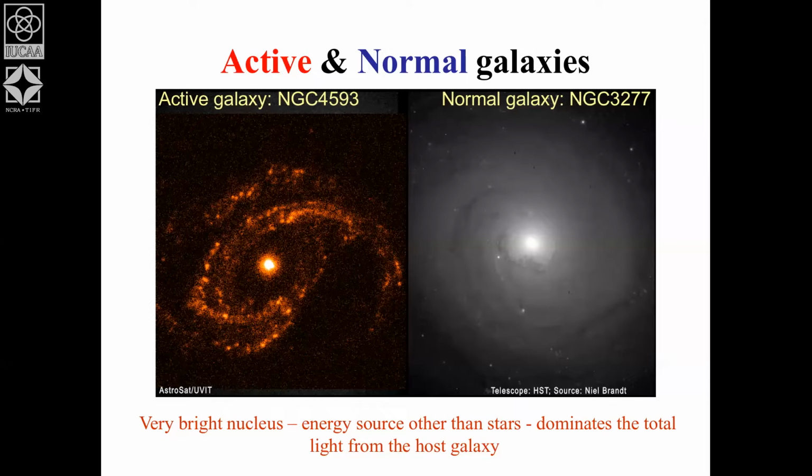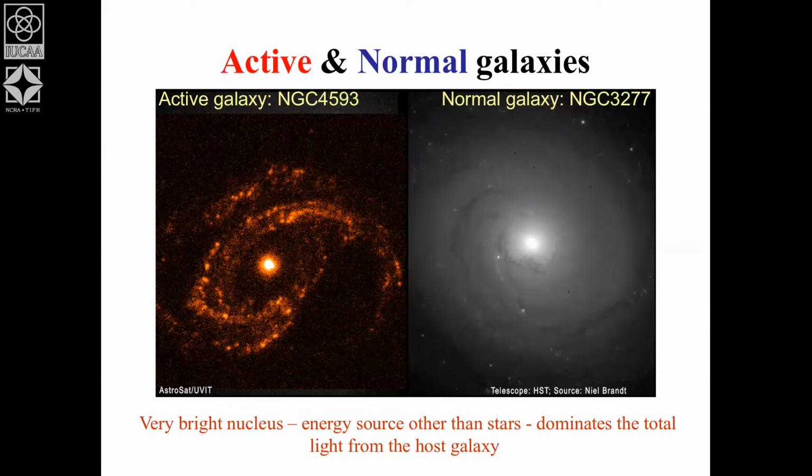That's why you see this somewhat higher luminosity, but this is not really an unresolved point source, unlike in the case of AGN. By the way, the left-hand side picture of NGC 4593 was taken with the AstroSat Ultraviolet Imaging Telescope in the near ultraviolet band.